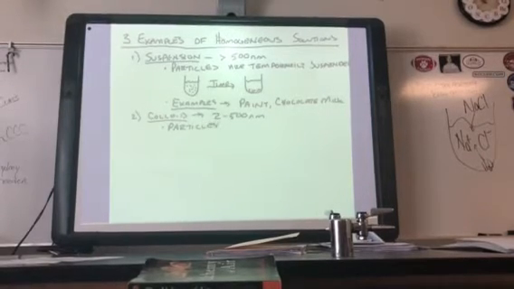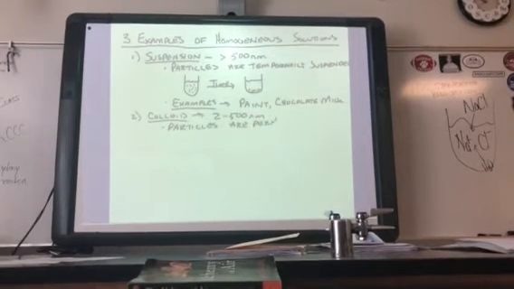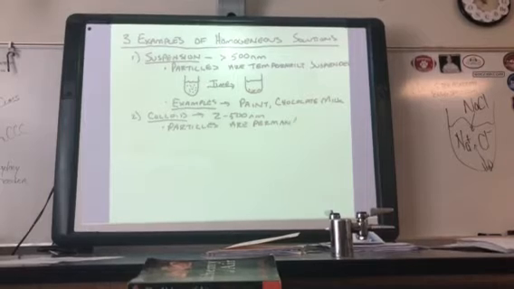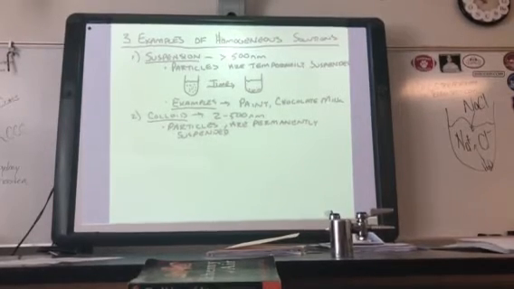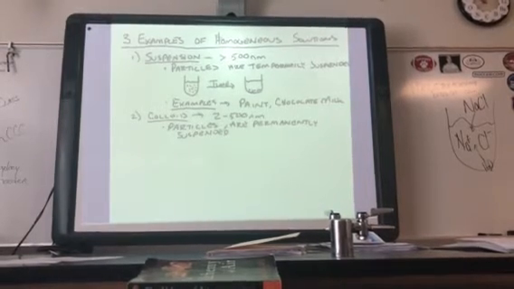Why they're able to be permanently suspended is because these particles are small enough that the attractive forces that exist between the solvent and the solute are strong enough to prevent them from falling down. So the bonds that exist outweigh the particles' want to fall out of solution or suspension. And so they stay permanently suspended.